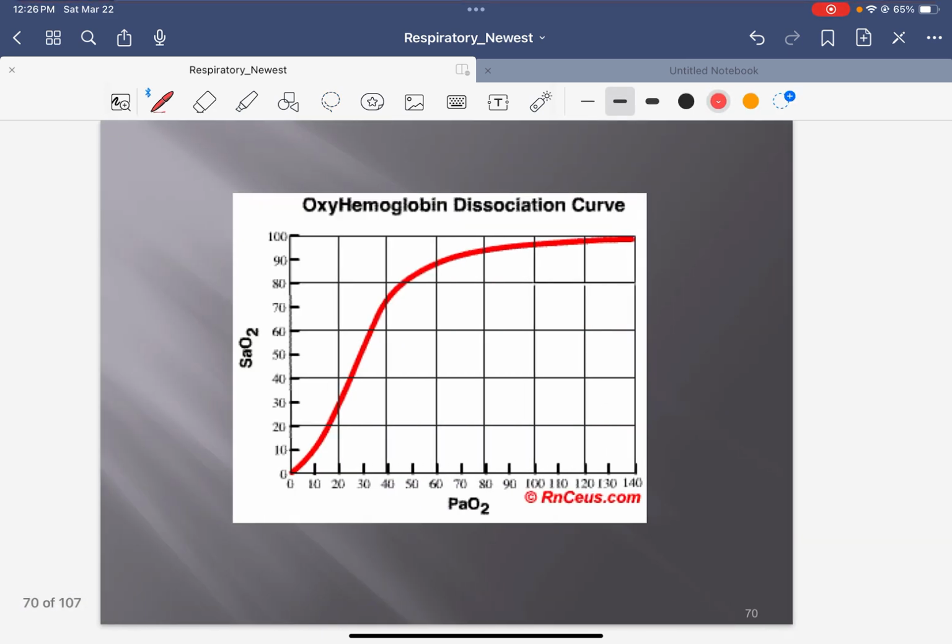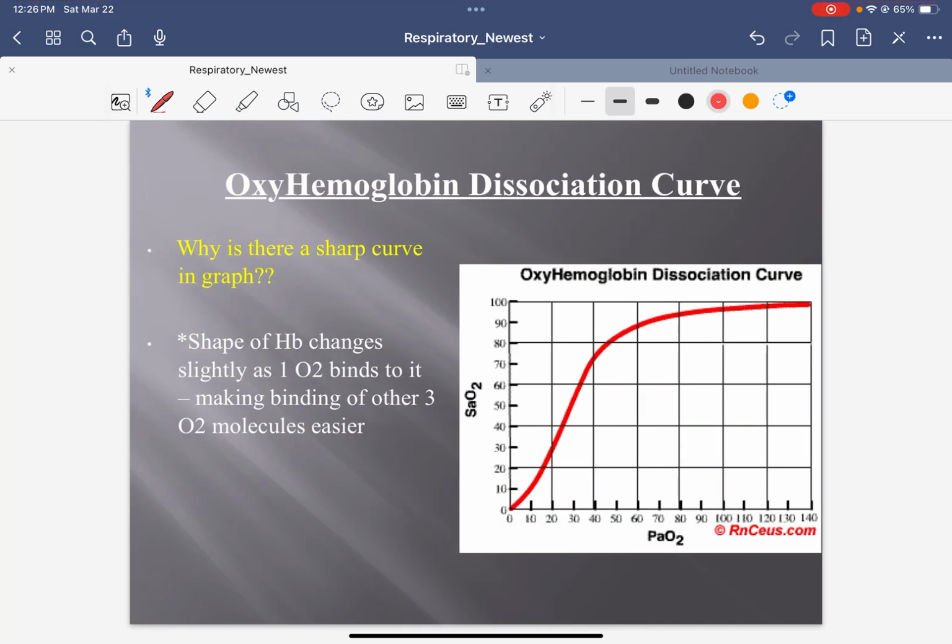So the next step is, why is it shaped that way? Why does it sharply rise and then level off? The reason that it so sharply rises is because the shape of hemoglobin changes after the first oxygen binds, making the remaining 3 bind faster.